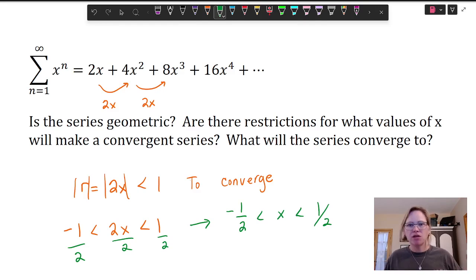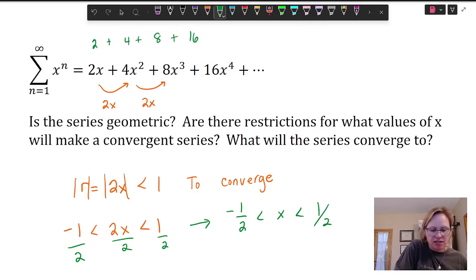So if we pick a number that's outside of that 1/2, for example, if I let x be 1, then my series will look like this: 2 plus 4 plus 8 plus 16 plus dot dot dot. And we know that if x equals 1, that series will diverge because those numbers are getting bigger and bigger and bigger.